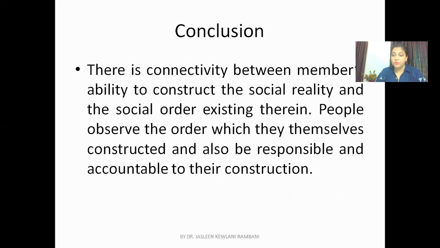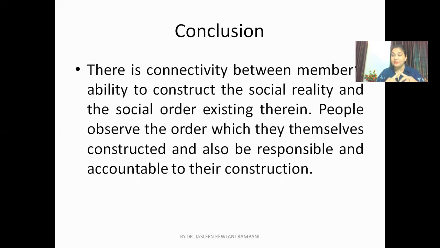In conclusion of this particular topic, we have to mention a few things again. There is connectivity between members' ability to construct the social reality and the social order existing therein. We have to accept, understand, and interpret it again very wisely and very basically, that there is a very strong connectivity between the members' ability to construct the social reality and the actual existence of the social order.